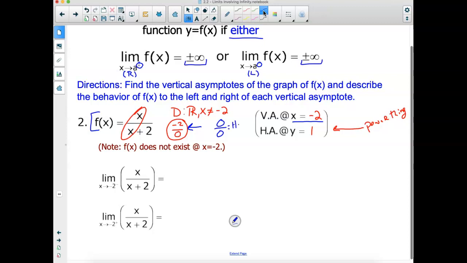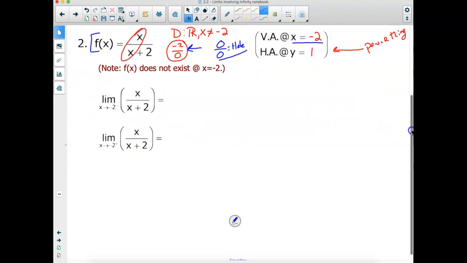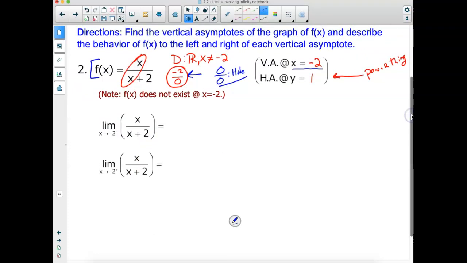That equals a hole. Okay, we don't have that here. We have a vertical asymptote. So you need to be able to, without a graph, rationalize with reason, with previous knowledge, to be able to see what is going on. Okay, so if I think about this, the limit as x approaches -2 from the left.